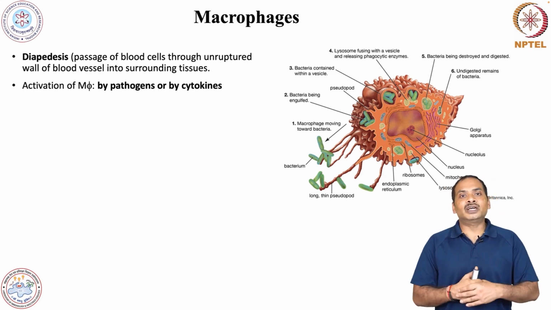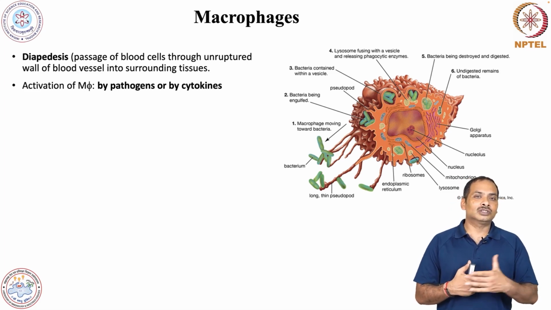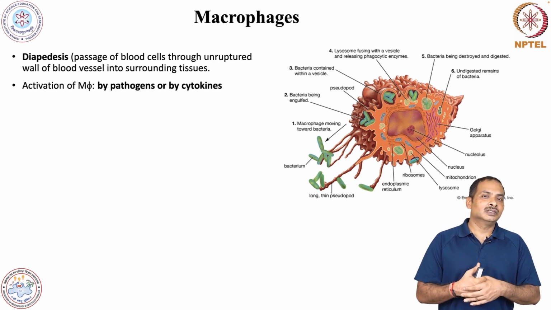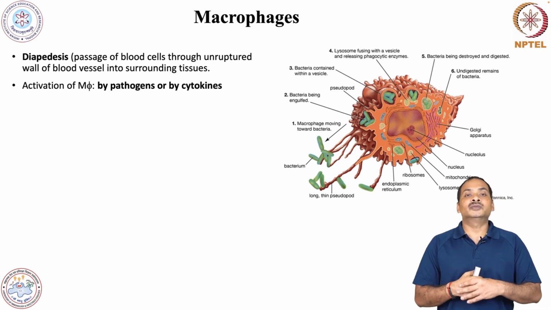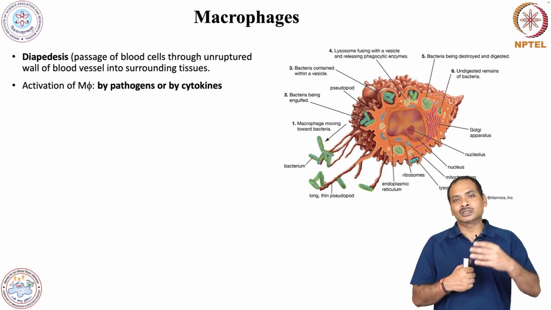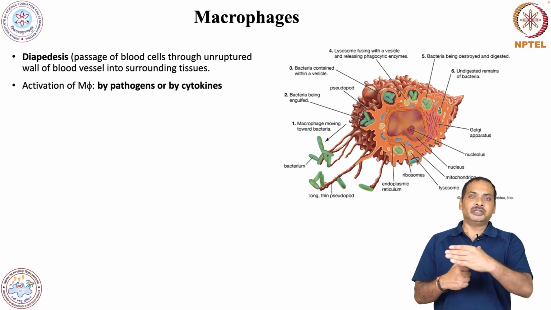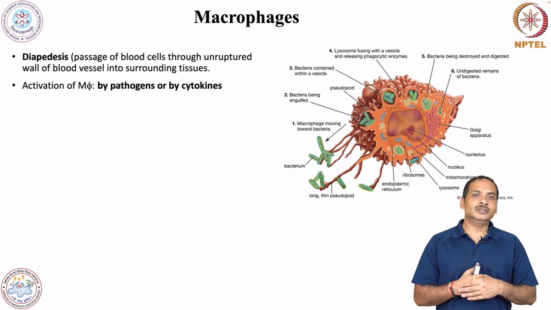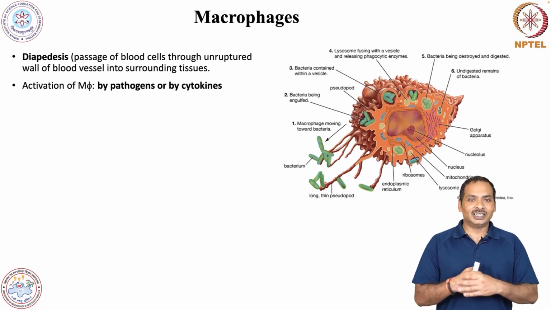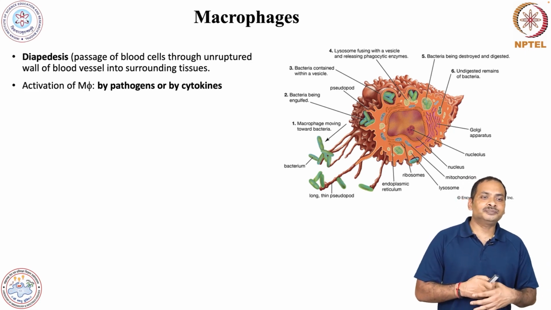So if you treat the macrophages with some cytokine, for example interferon gamma, which is commonly used as a stimulator of macrophages, or if you stimulate with some component of a pathogen, for example LPS, which comes from gram negative bacteria, then they get activated. So that is what I mean to say.